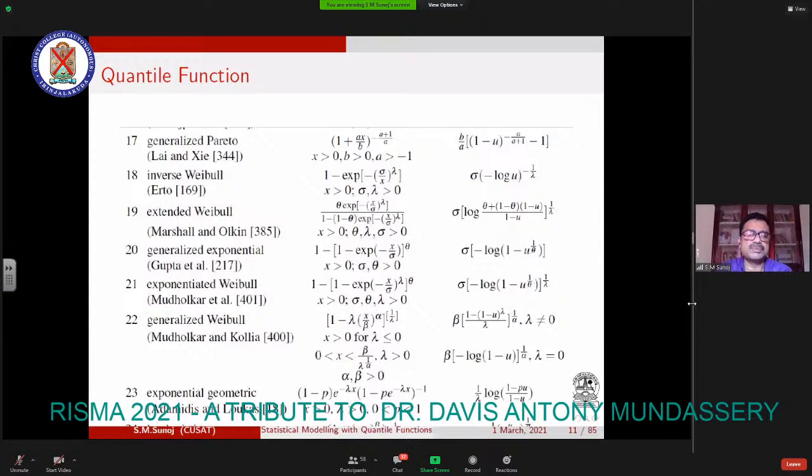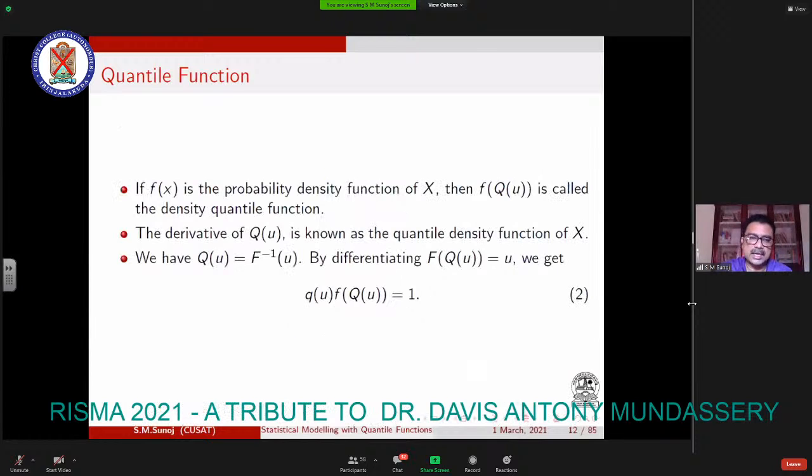So there are plenty of distributions commonly used, and this is the list of distributions and the corresponding quantile functions, including the generalized Pareto, inverse Weibull, extended Weibull, generalized exponential, exponentiated Weibull, generalized Weibull, then exponential geometric, and there are many such distributions available in literature. In fact, both Gilchrist's book and the book by Nair et al. have listed almost all the distributions available in literature and their corresponding quantile functions.